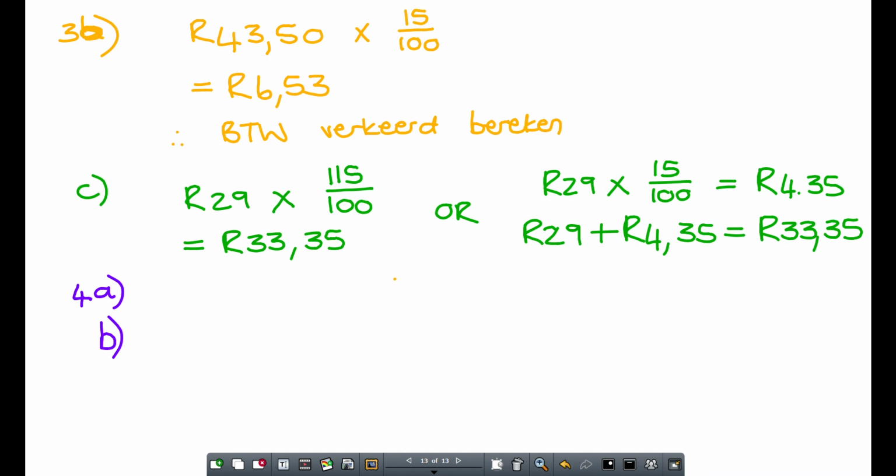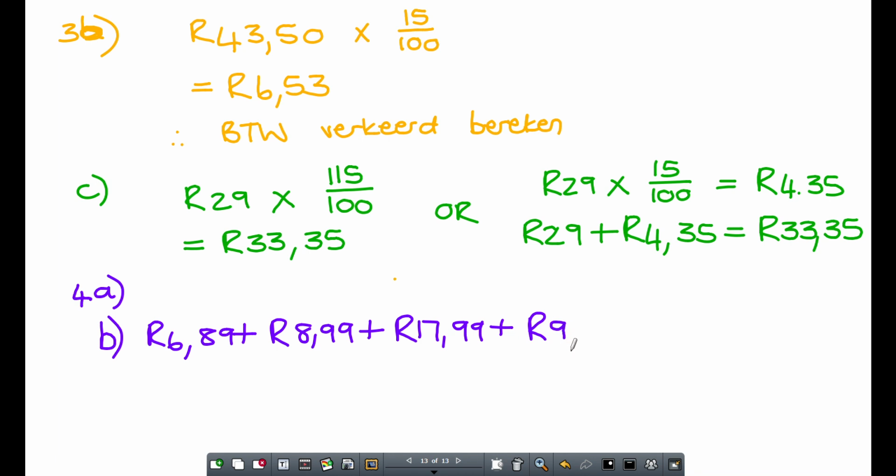Nee, so kom ons gaan sê gou, we're going to say R6.89 plus the buttermilk van R8.99 plus cocktail tomatoes R17.99 plus cauliflower R9.99 plus potato salad R45.99 plus Coke Light 14,95. Ekskuus, hier gaan ek aan onder, nee. Plus die volroom melk van R9,99.